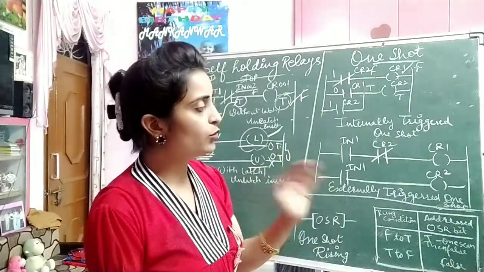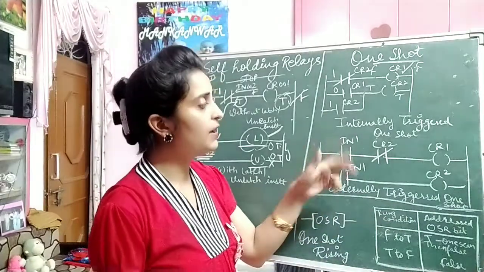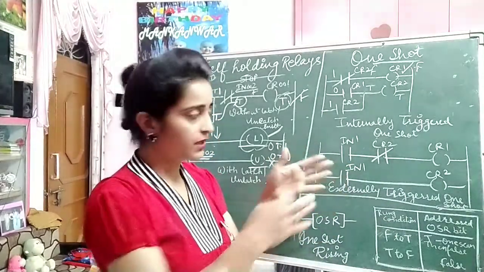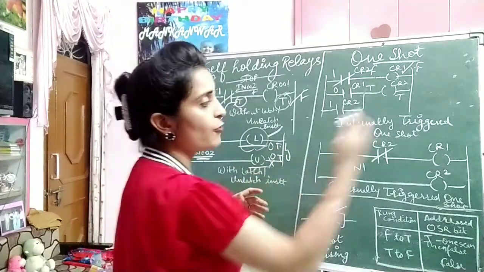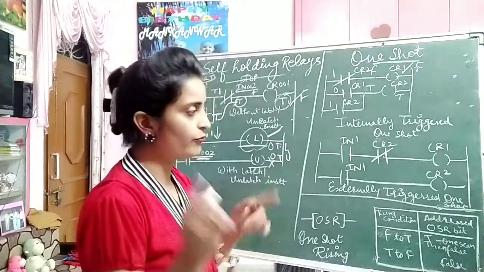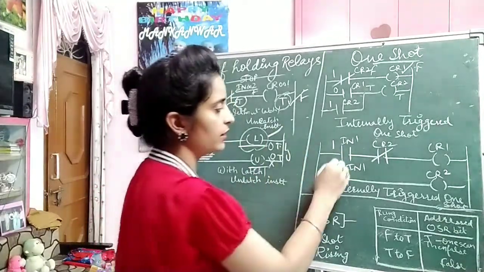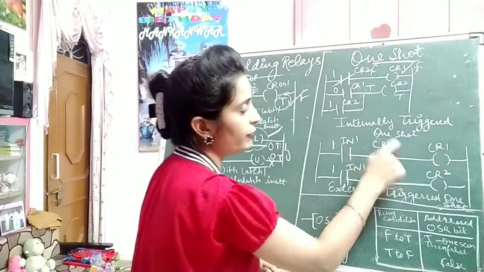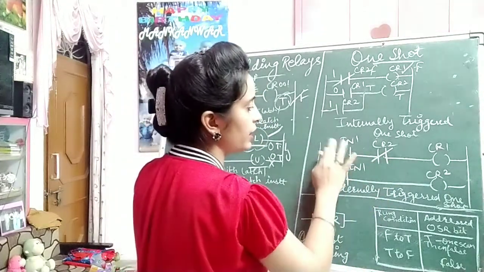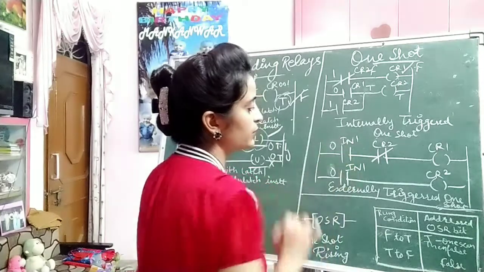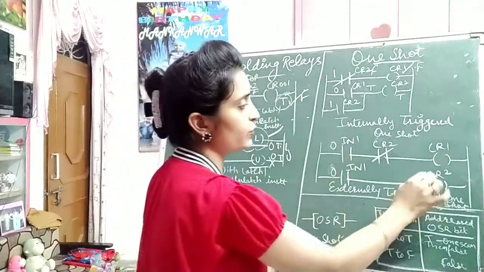If we use an externally triggered one shot, that means we have used some external input, some external switch, for energizing CR1 for one shot. Then if the input is 1, here will also be 1. If the input signal has not been given here, then it will also be false.